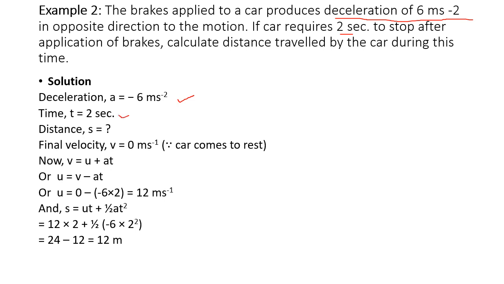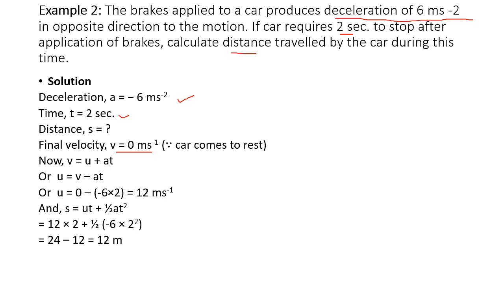Calculate the distance traveled by the car after applying the brake. What is the distance traveled by the car during this time? So final velocity: once the brake is applied, the car is going to rest. So V is equal to 0 meter per second, that is, the car comes to rest at last.